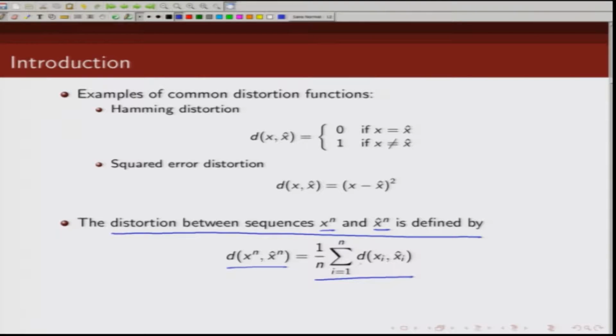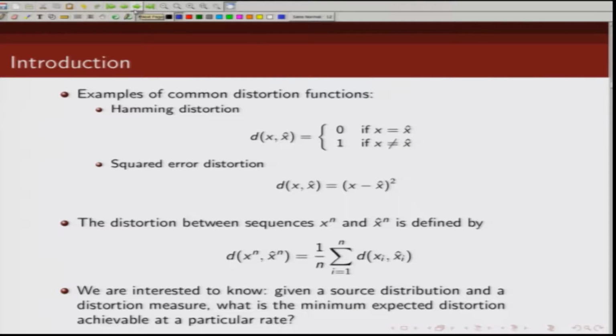So, this is the distortion between source symbol x_i and the reproduced symbol x_i hat. We sum over all n symbols and then we average it out. That is how we would define distortion measure for sequences.